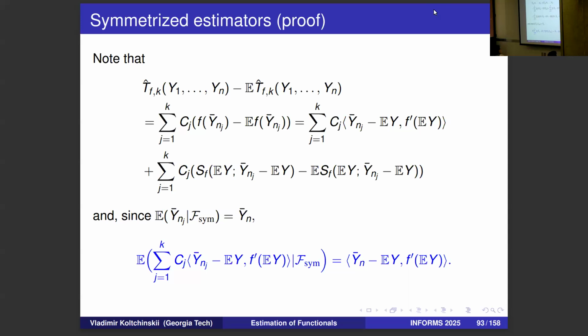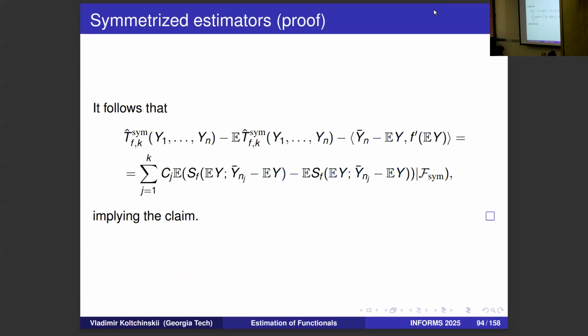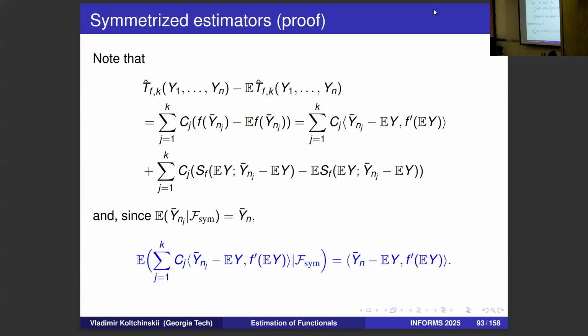That's just the property that we need to use here, and as a result, what we are getting is that the conditional expectation of y n_j bar, just an average of n_j copies of guys like this, also will be equal to y n bar.